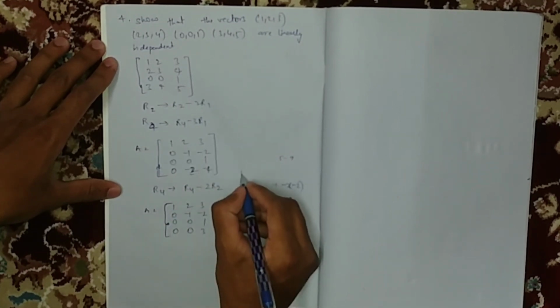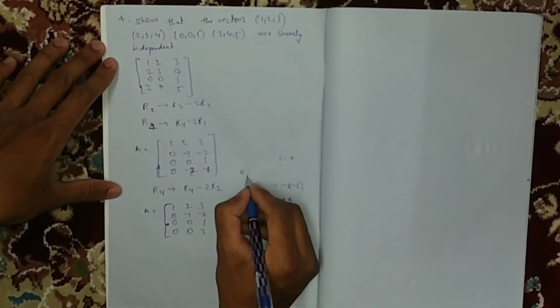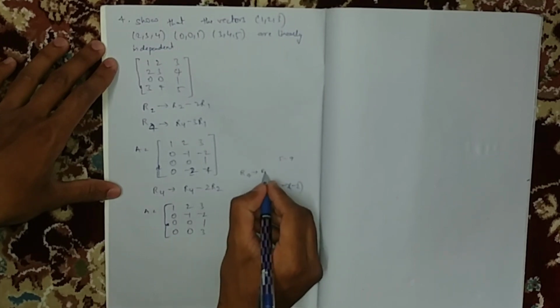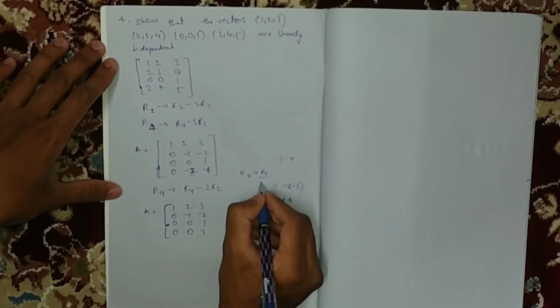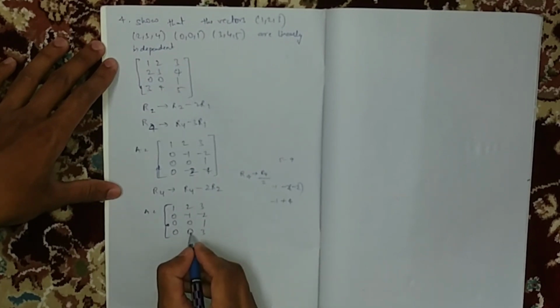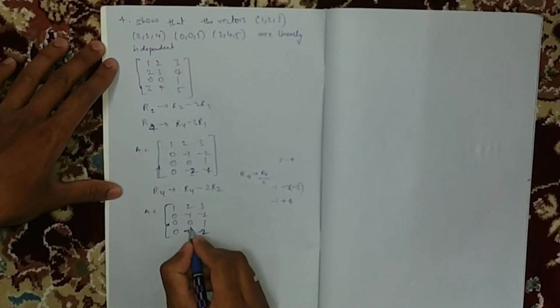So first we divide this R4 by 2, which gives minus 1 minus 2.